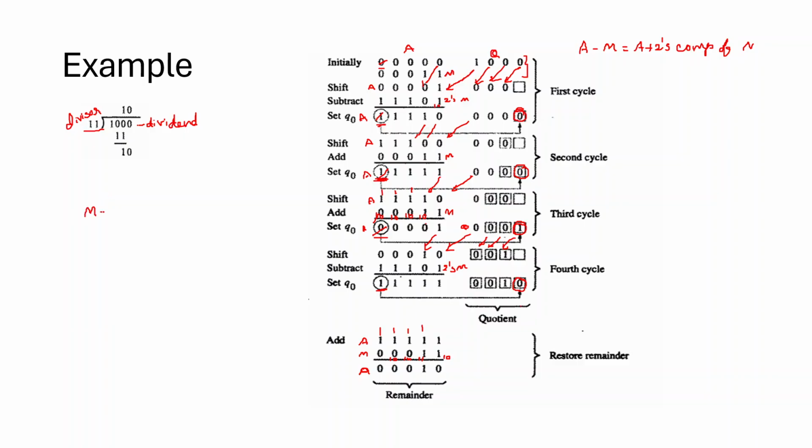So the original value is 1000. Then what is the 1's complement? That is 0111. So what is the 2's complement? With the 1's complement, you need to add 1 in the LSB.